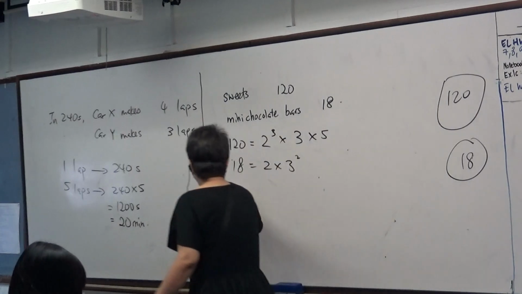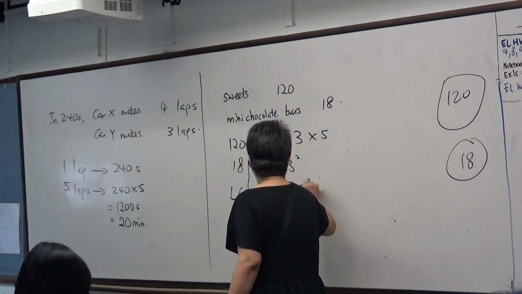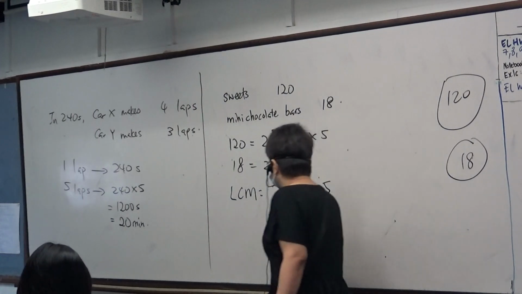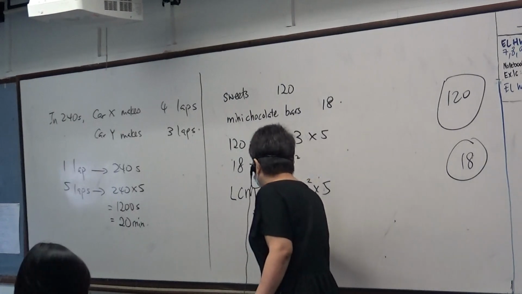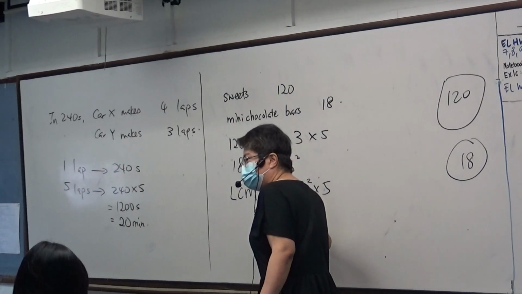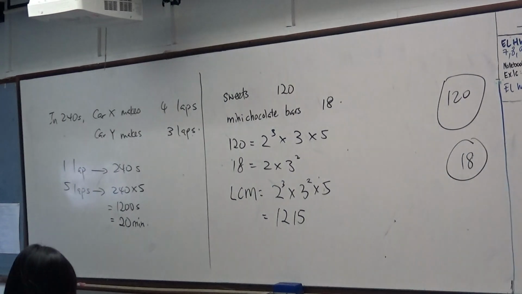So what is the LCM? 2 cubed times 3 squared times 5, right? So what should this be? 1215.